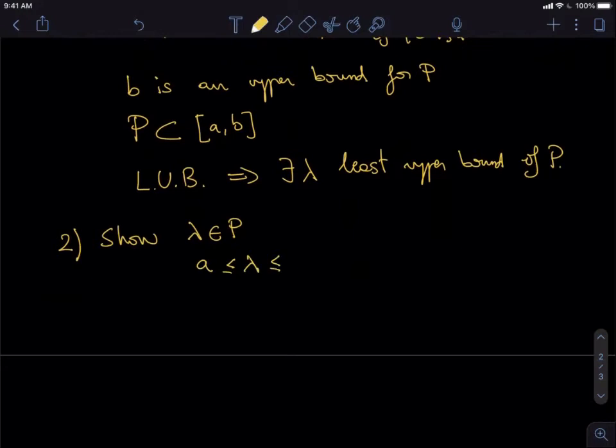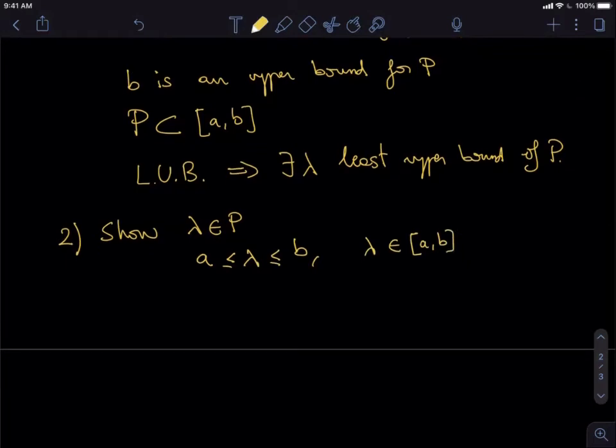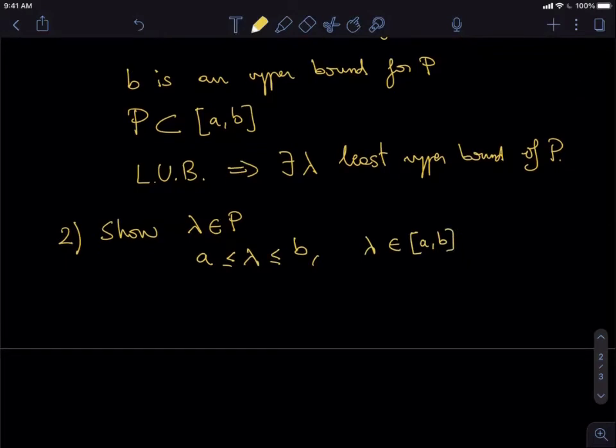And also we saw that it cannot be larger than B because B is an upper bound. So we have seen that lambda is in between A and B, or if you want, we can say that lambda is in the interval AB. Okay, so here the question remains, is it in P, then is it going to be smaller or equal to B?